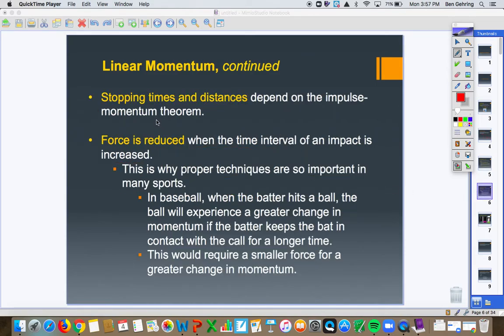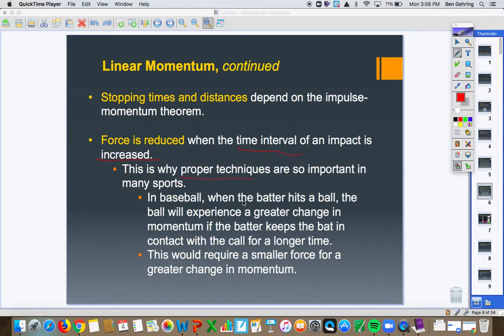One place that we see this a lot is things like accidents, crashes and collisions. Force is reduced when the time interval of an impact is increased. This is why in sports proper techniques are so important.